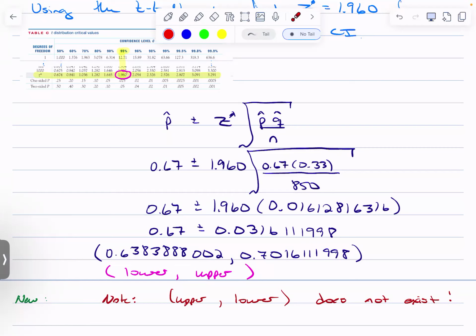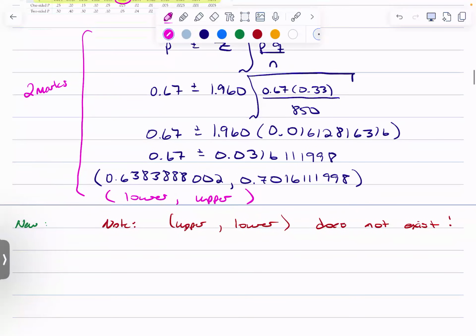And then when you're ready, we'll start introducing other types, okay? So for now, just one sample proportion. So this is half the work, thus half the marks. Usually I do about 2 marks out of 4 here.